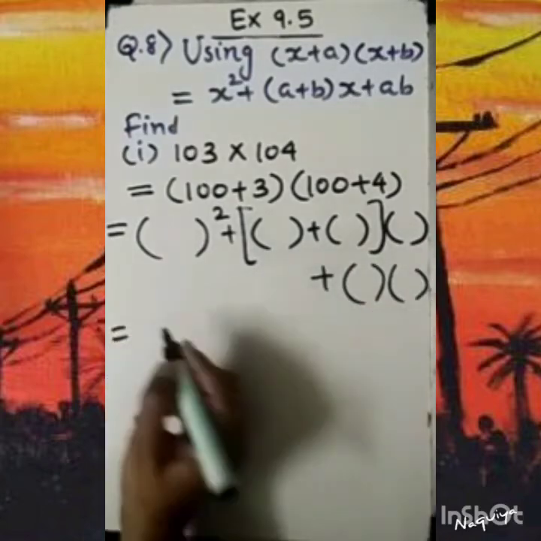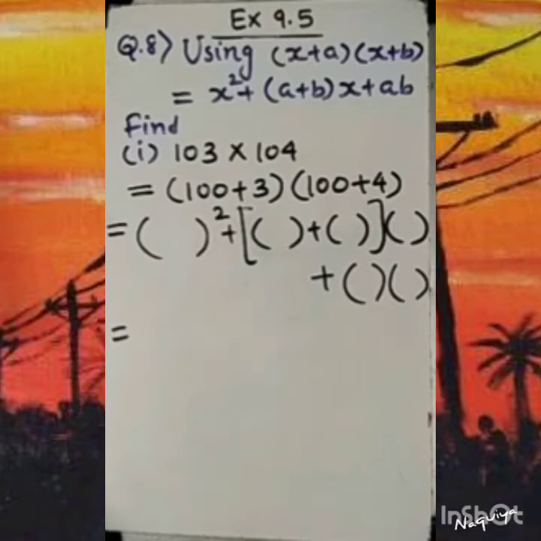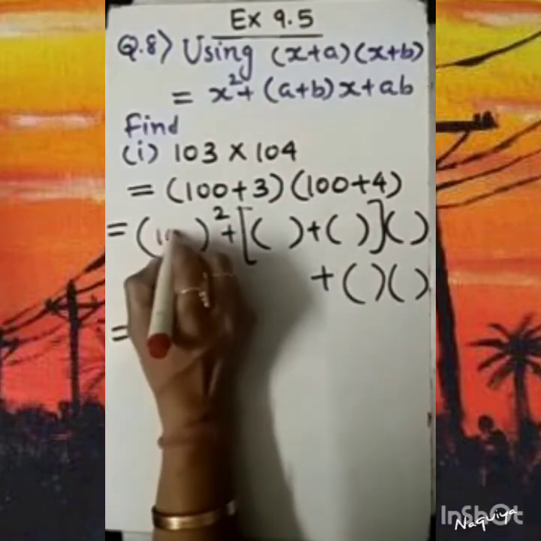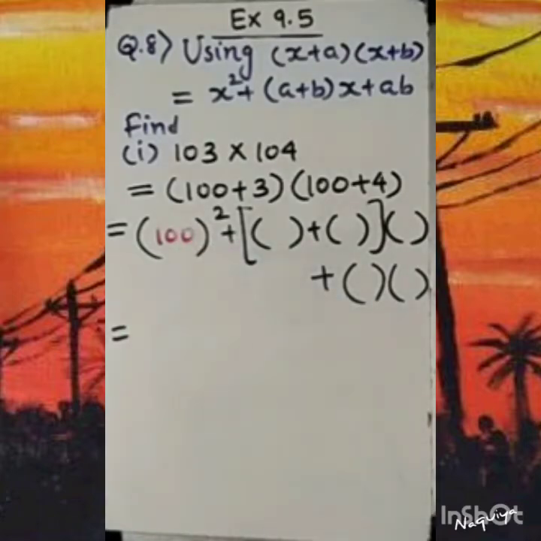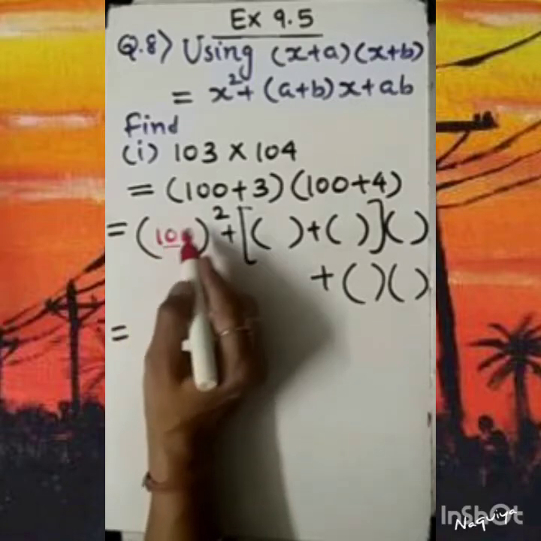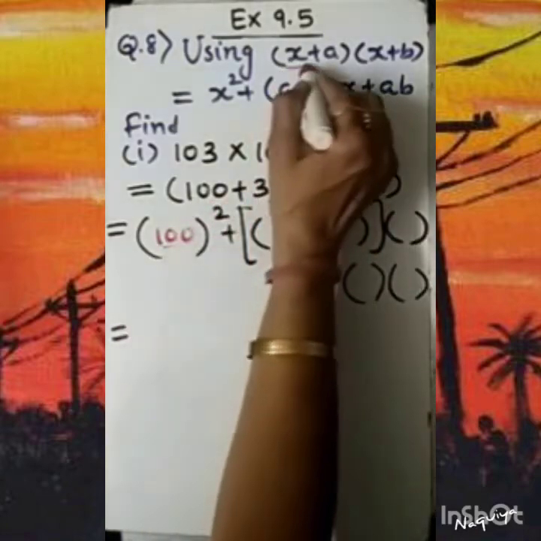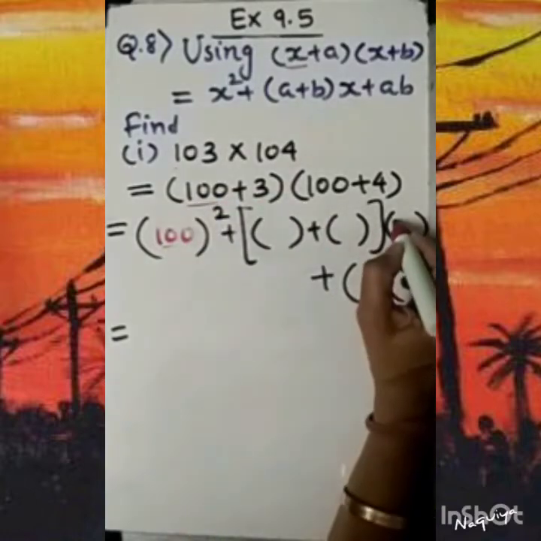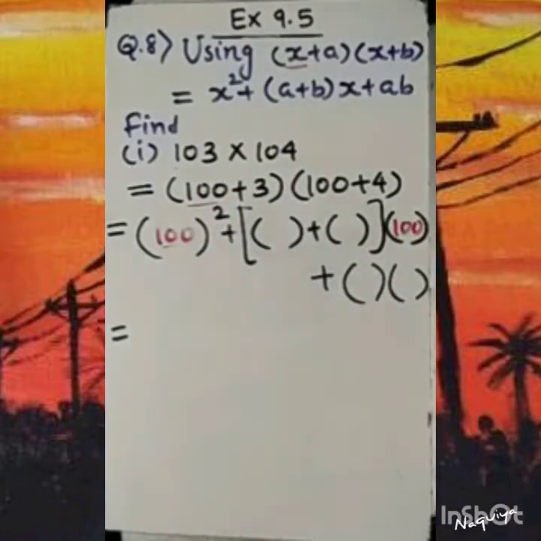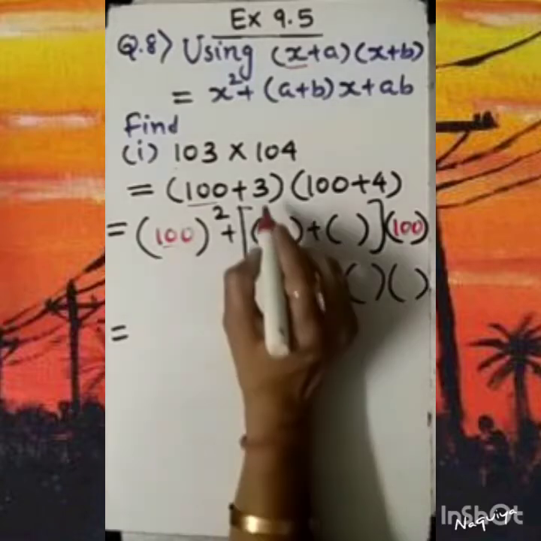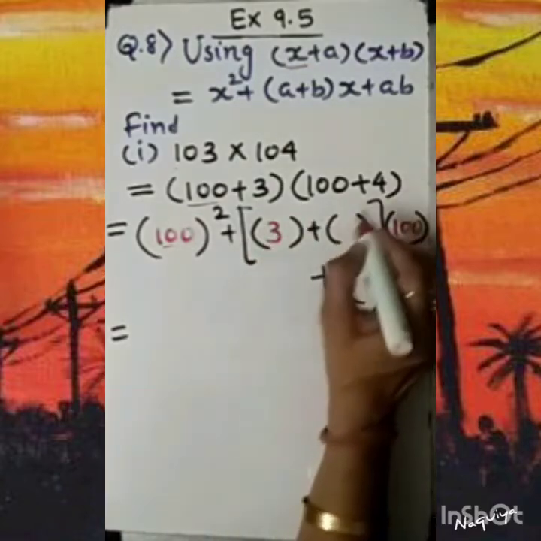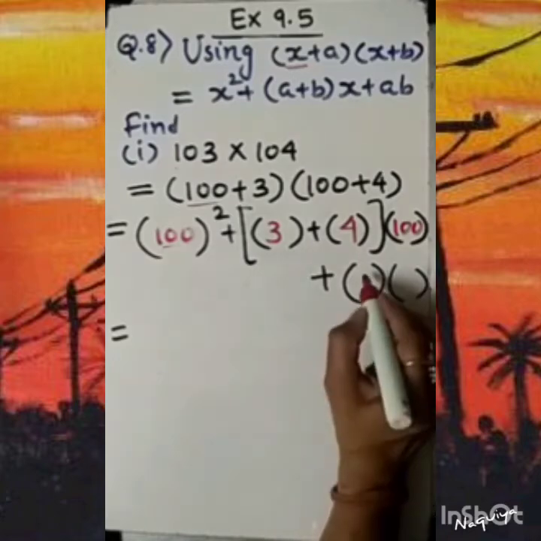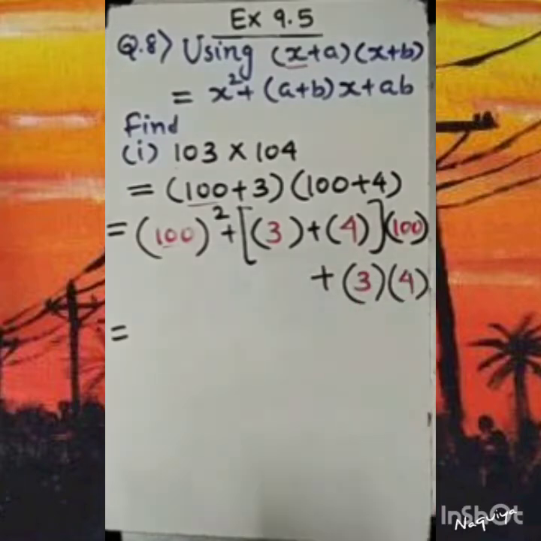Now if we go with that, then will you please tell me what is x? Of course it is 100. So I am writing 100 here. This is x, not a. This we are considering as an x. x equal to 100, and one more x is here. I am also writing 100 here. Now what is a? A is this 3. What is b? That is 4. This is also ab, means 3 into 4.